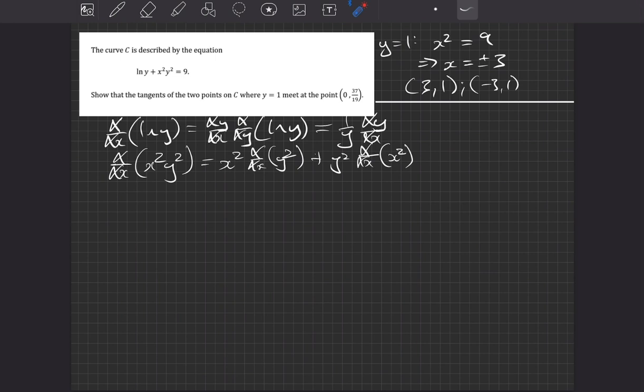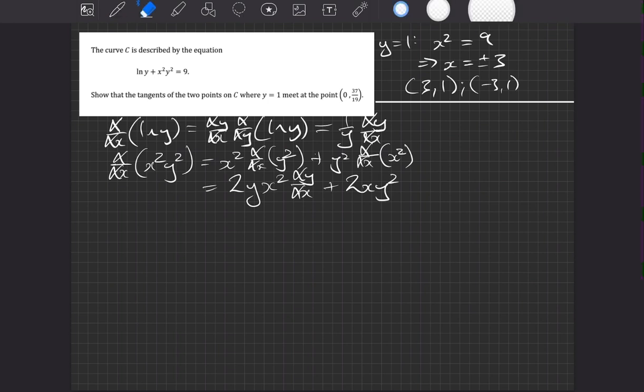We're going to use the chain rule again, so the d/dx is going to become a d/dy and a dy/dx. So we get 2y from this, so we have 2y x squared dy/dx. Over here, for the second term, it's x squared and d/dx, so that's just normal differentiation. So we get 2x, and altogether this is 2x y squared.